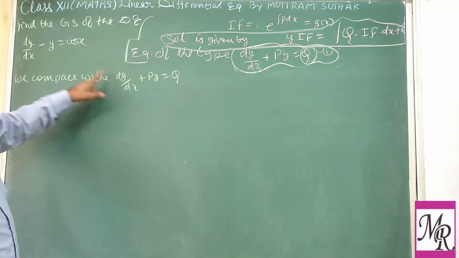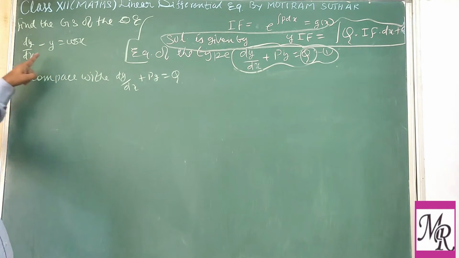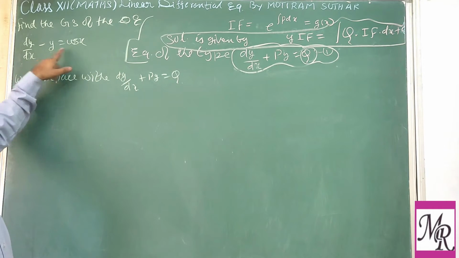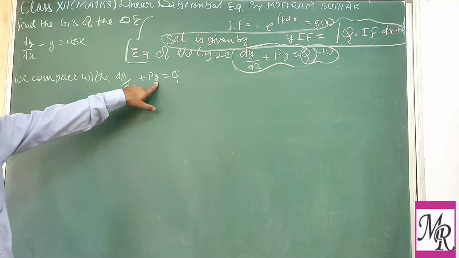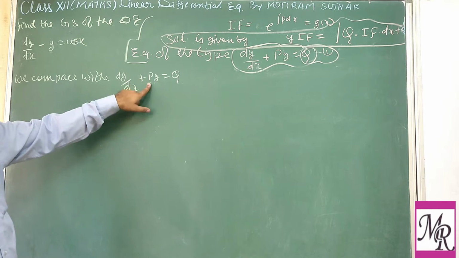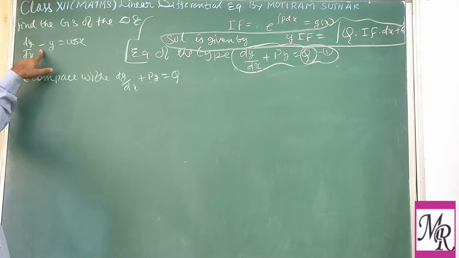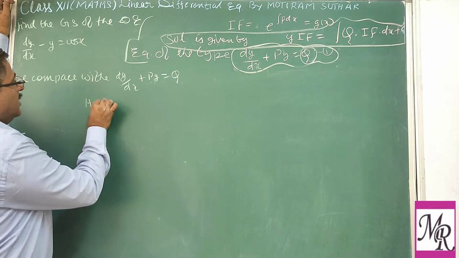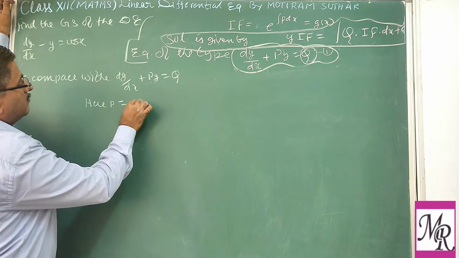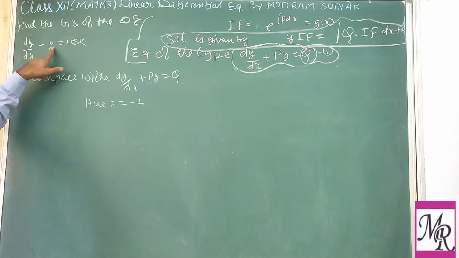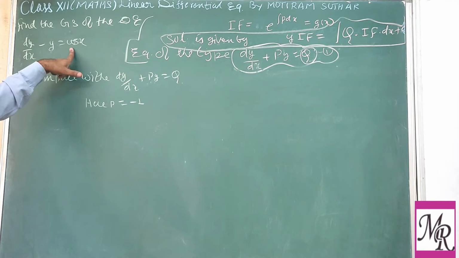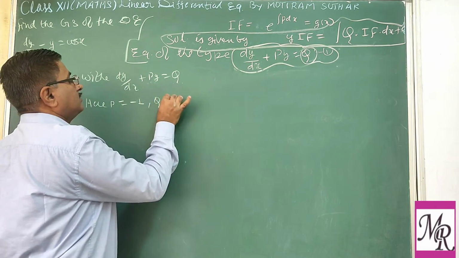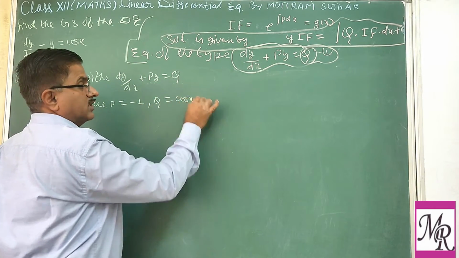Comparing both sides, the first terms are the same, dy by dx. Here it is minus y, there it is py. What is the coefficient of y here? That is p. So here p equals minus 1. Comparing both, the right hand side is cos x, equal to q. So q equals cos x.